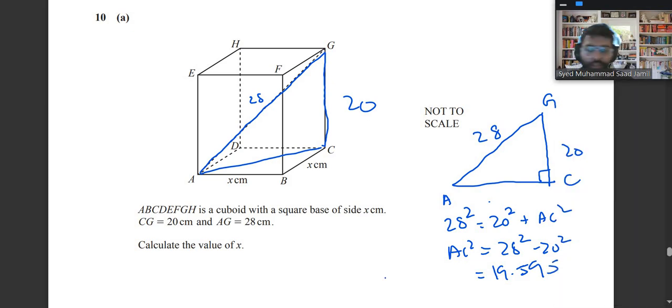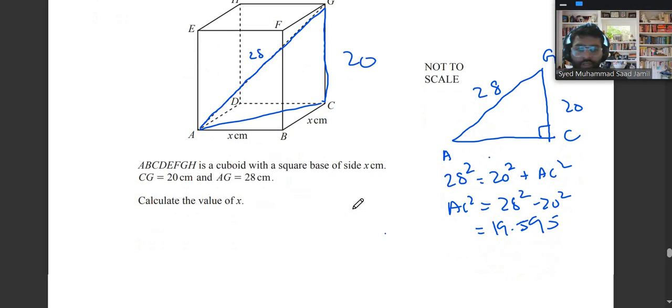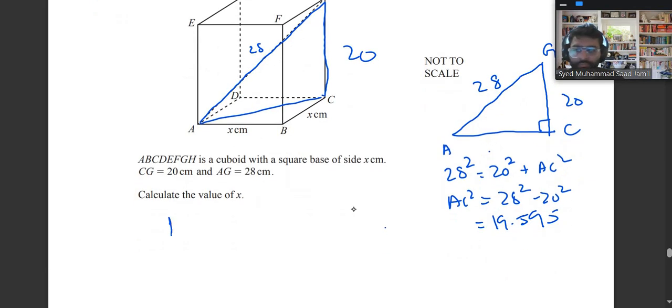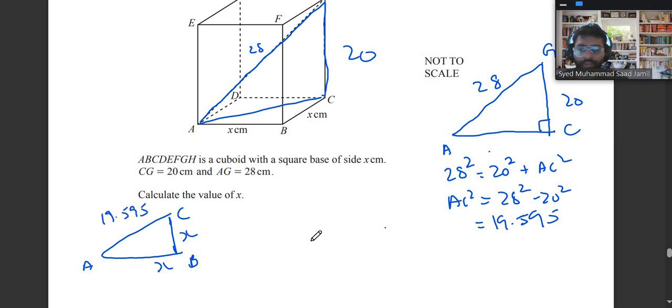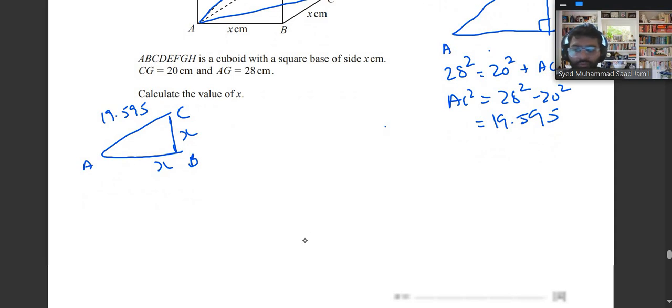So now if we look at another triangle, actually this one, ABC, this is x and this is also x. All right, and we already know the value of AC, which is 19.595. Again we will use Pythagoras theorem, so 19.595 whole squared equals x squared plus x squared.